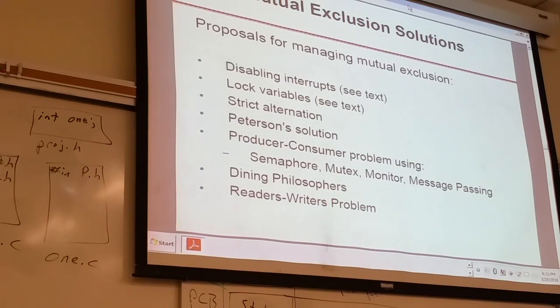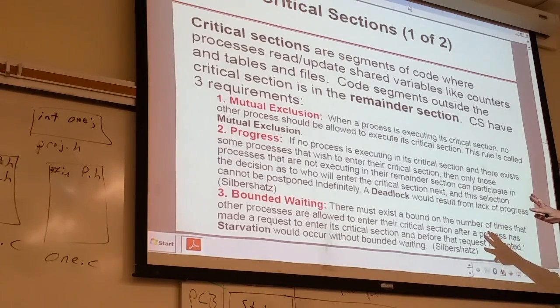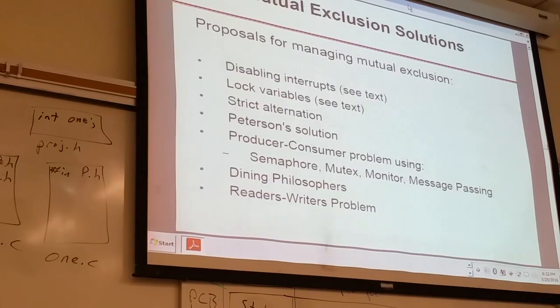Okay. So solving it, recognizing that we have to implement all three of these with multiple processes, with multiple needs for their critical section, including the numbers of times they use it, how long they hold the critical section, all those different things.